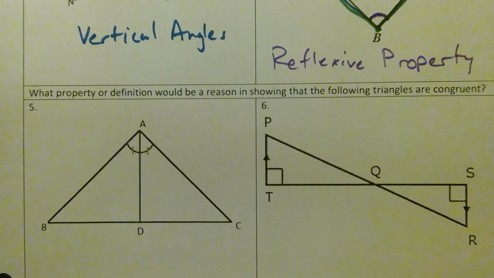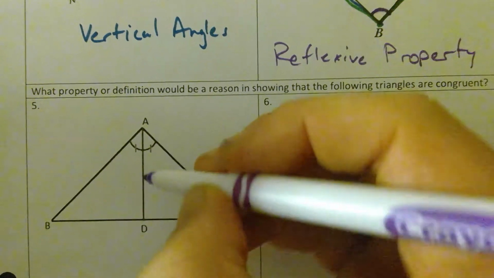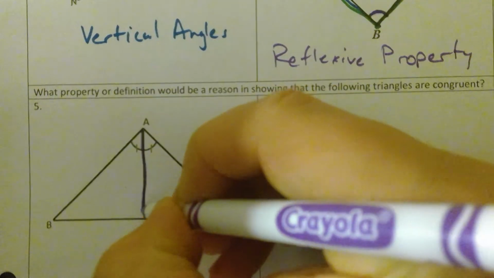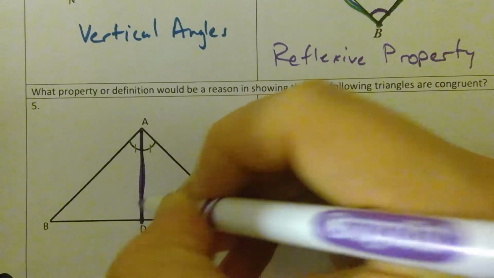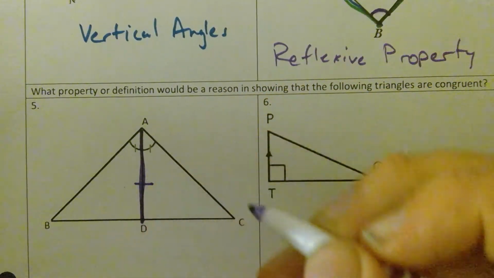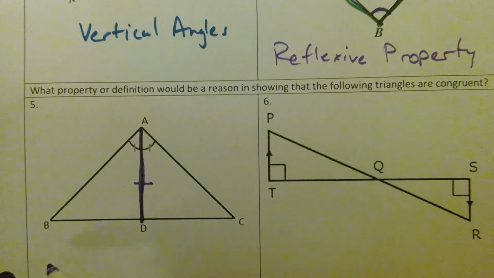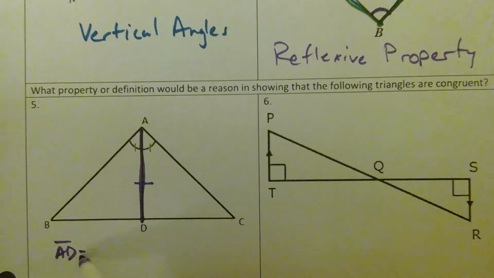And there's actually going to be 2 possibilities that we can see here. So what we just talked about in number 4, we have something that's shared between our 2 triangles. This here in purple that I'm labeling AD, put a mark on there. Okay, AD congruent to AD, and that's the reflexive property.